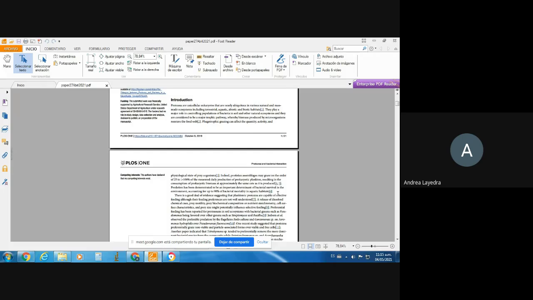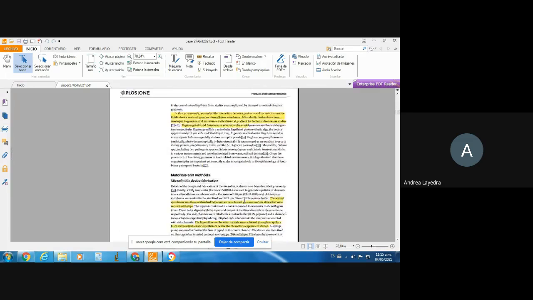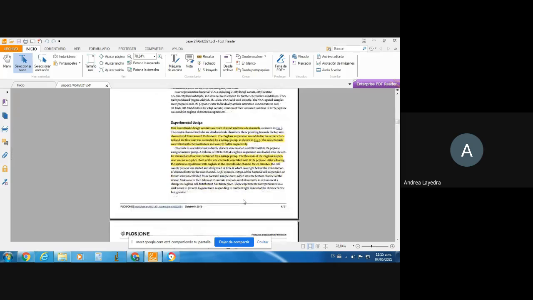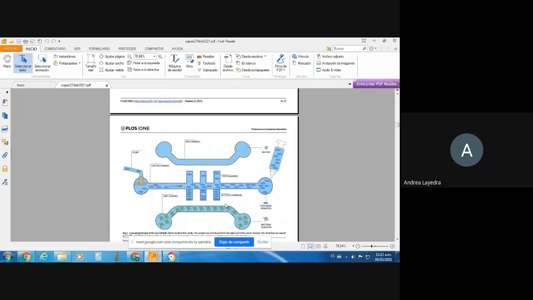The device was made with nitrocellulose and consists of 3 channels that, as you can see in this figure, were made with a laser cutter, and the membrane was interposed between 2 glass slides. The central channel includes 6 dead-end side chambers, 3 in the upper side and 3 in the bottom.